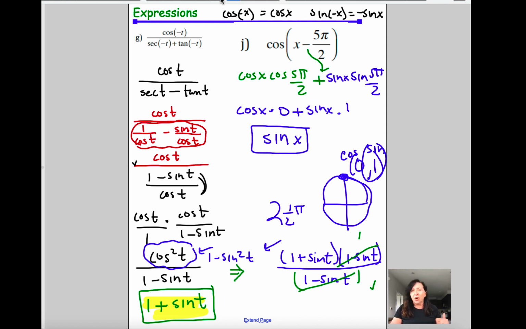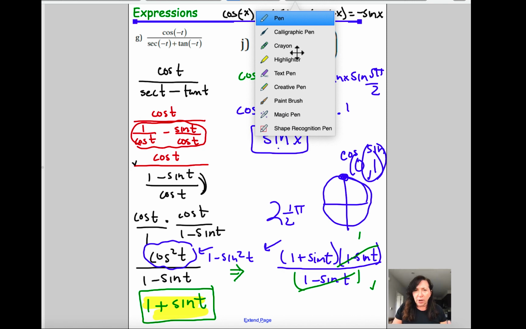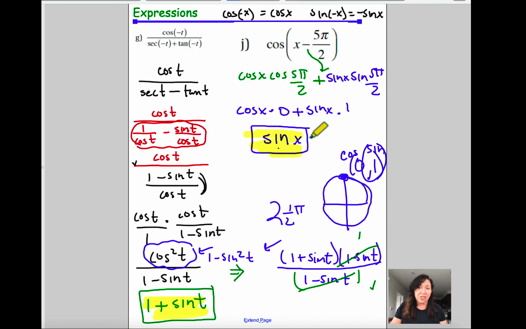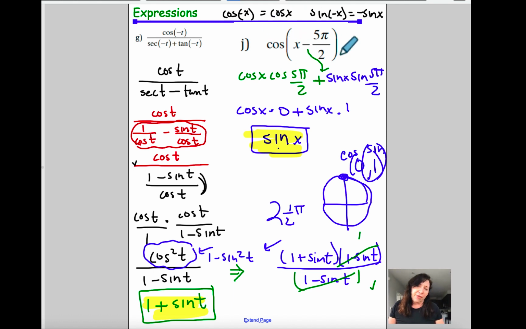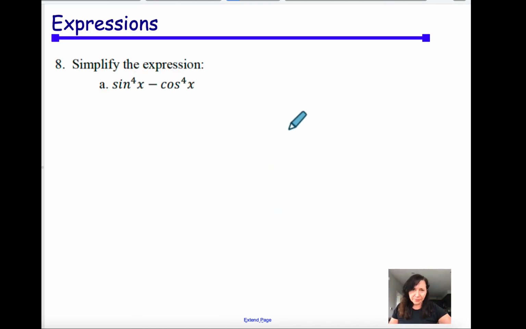And just to note that on your identity sheet, you would see the fact that this value right here does equal sine of x. So even though you have to show what it equals and show your work, you would be able to verify that that equals that.